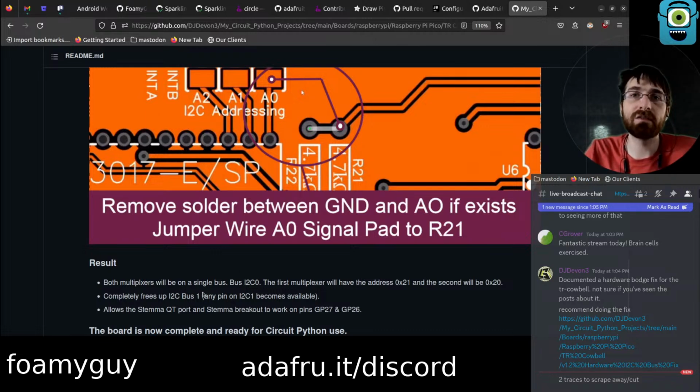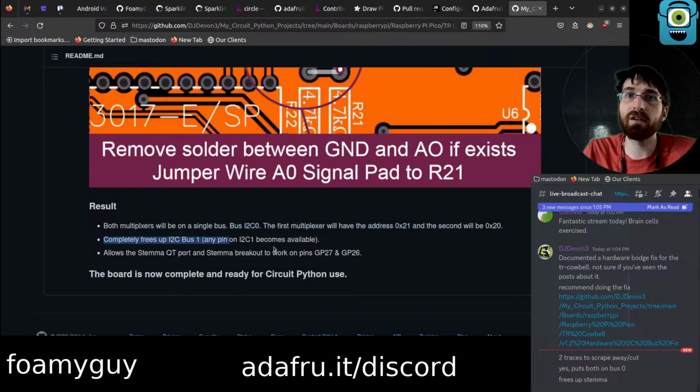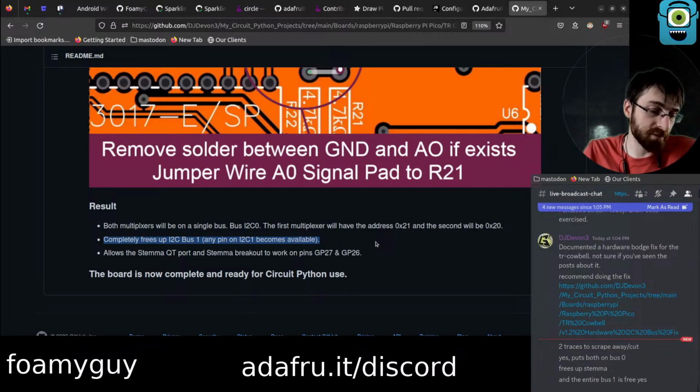This is moving it so the 2 expanders live on the same bus, because these Picos have 2, which is amazing. Then you change the jumper so that they have 2 different addresses, which makes sense. Once you've done all that, you get the entire other bus back, which means you can also have the stemma port if you want it, or the little breakout next to it, which is probably what I would go for.